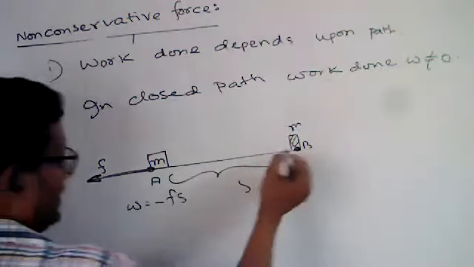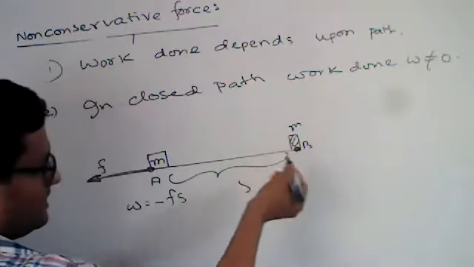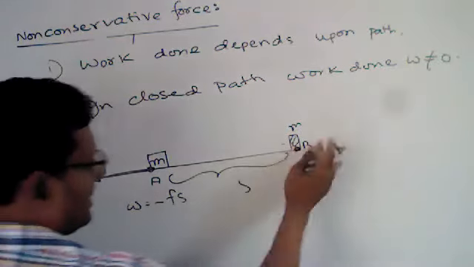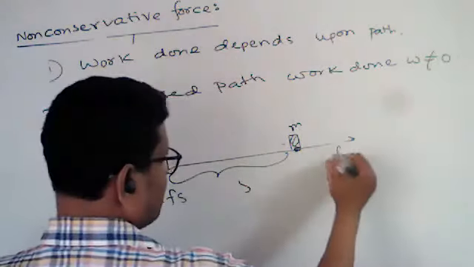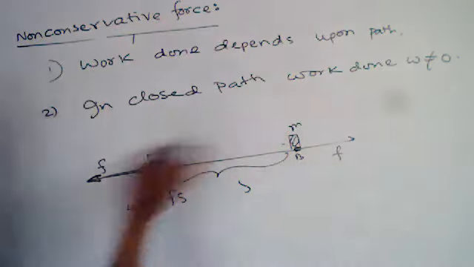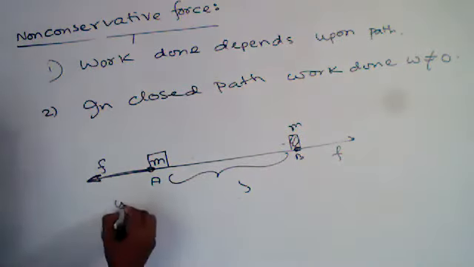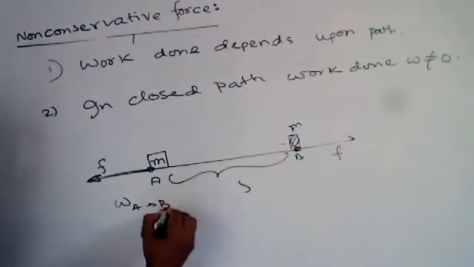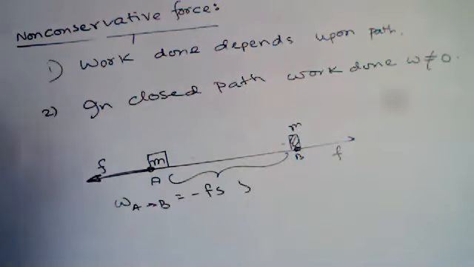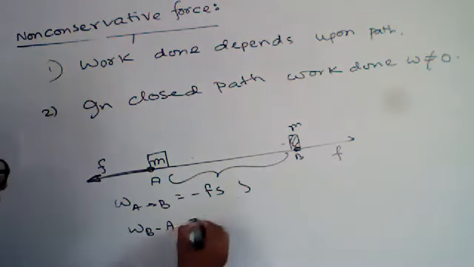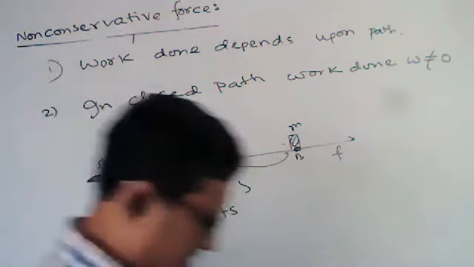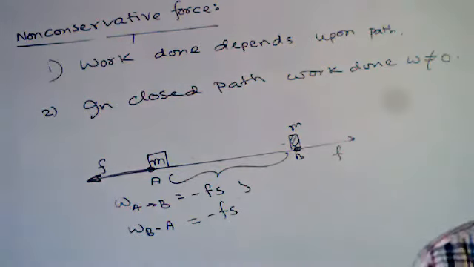Then after it reaches this point, it returns in this direction, and the frictional force acts in this direction. Work done A to B equals minus Fs. For work done B to A, it is also minus Fs.